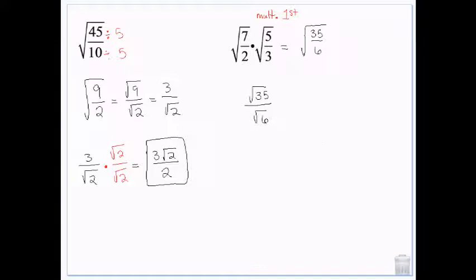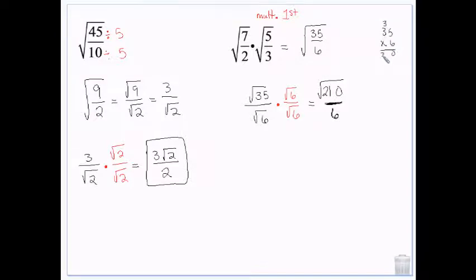Then I multiply by the square root of 6 over the square root of 6, which gives me a denominator of 6 and a numerator of, let's see, 0, carry my 3, 210, right? Did I do that right? 18. Yeah, that's correct.